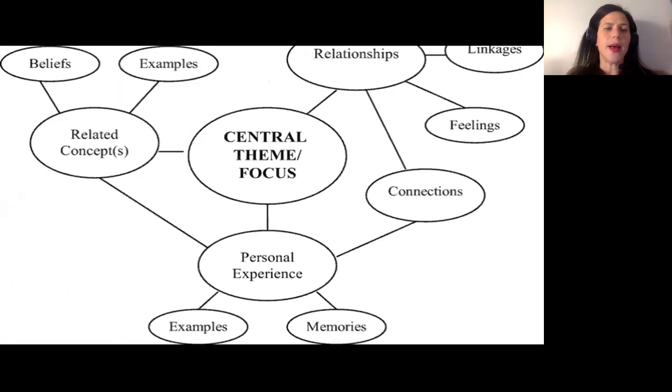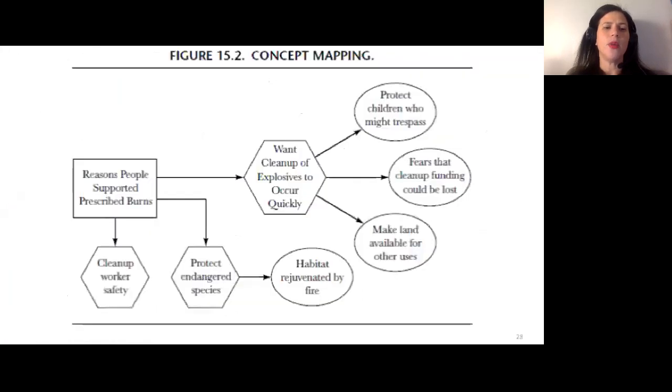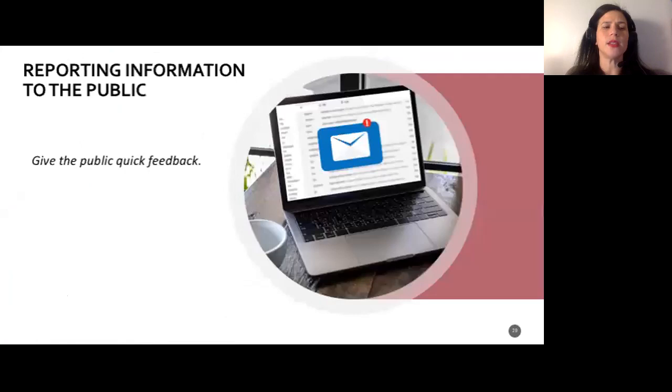This is a mind map. This is just a more generic kind of mind map. We saw a mind map or concept mapping, as James Creighton describes it in the book. So this is something that, again, you can do to facilitate how people understand the data.